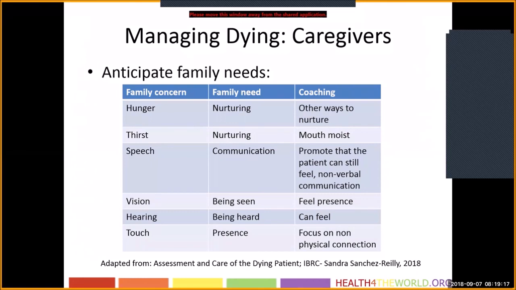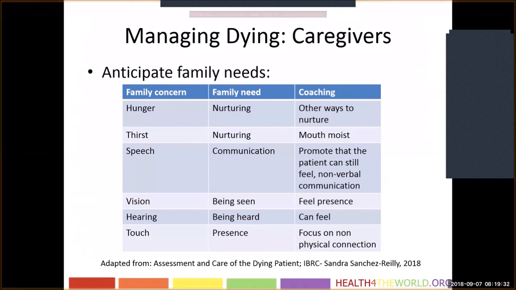Thirst, are they thirsty? Again, I have a desire to nurture my loved ones. So show me how to moisten the mouth without choking them with water. Show me what the other alternative is. Just telling me that they're not thirsty and hungry isn't going to work. Explaining to me other ways to manage that, and explaining to me that I'm okay, and showing me is more helpful.